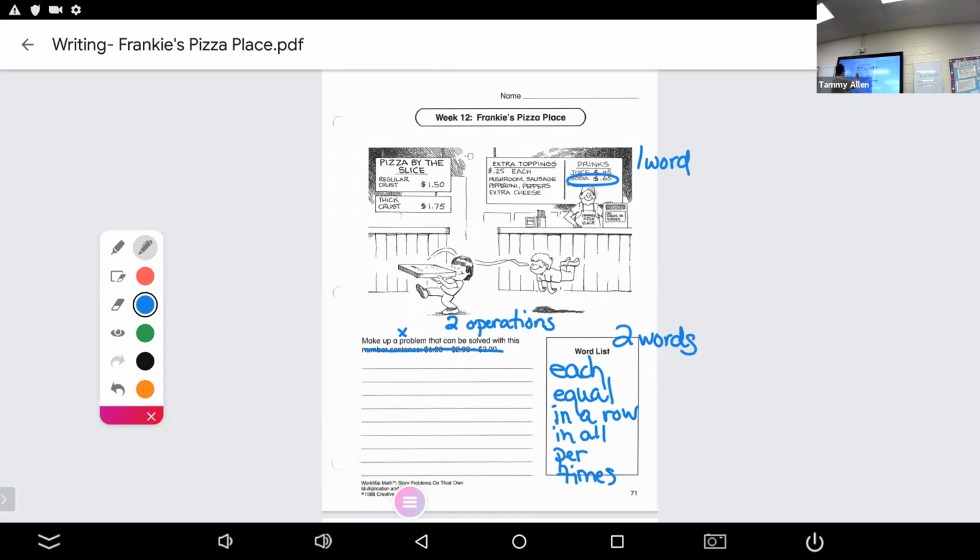Soda, thick crust. What do you want on it? Sausage. Anything else? Pepperoni. Yeah. Anything else? Jonathan, anything else? No, that's all.